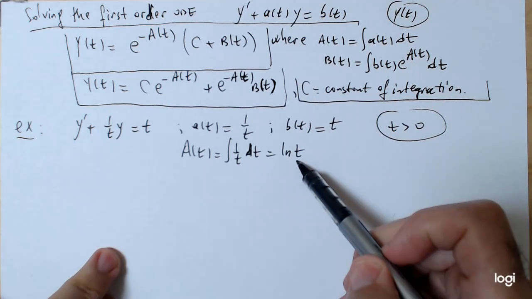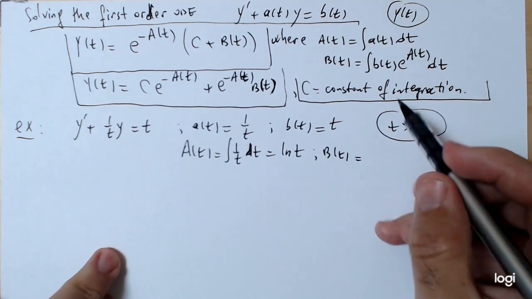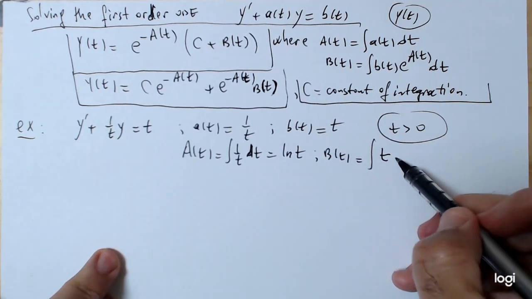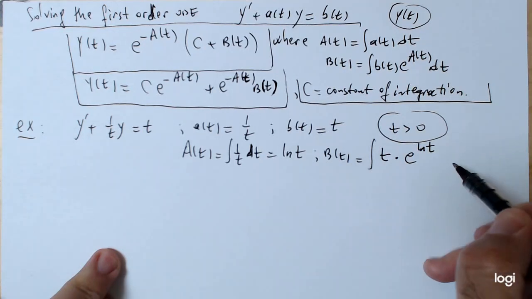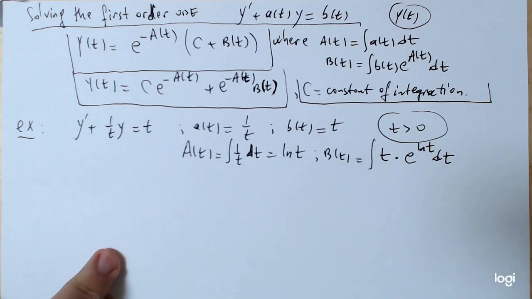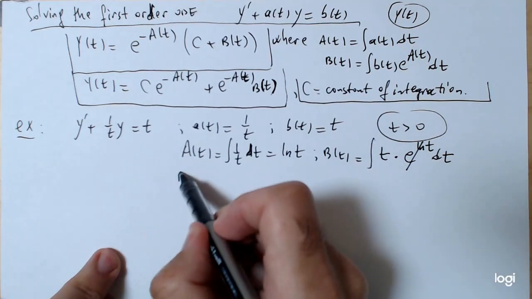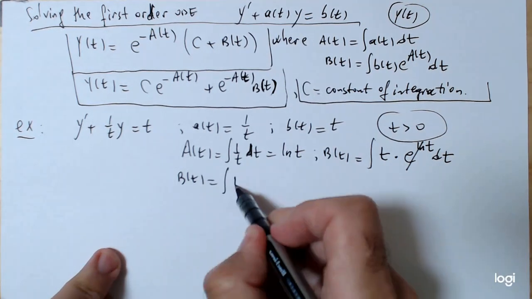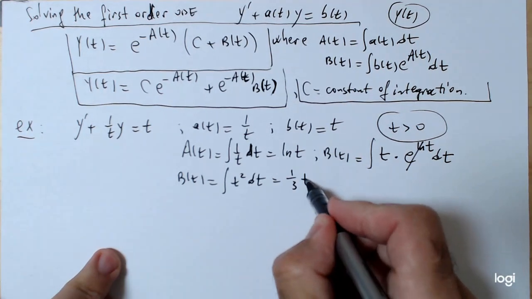So A of t is ln of t, and then B of t is the integral of little b of t, which is t in my case, times e to the A of t, which is e to the ln of t, dt. We can cancel e with the ln, and so B of t becomes the integral of t squared dt, which is 1/3 t to the power 3.